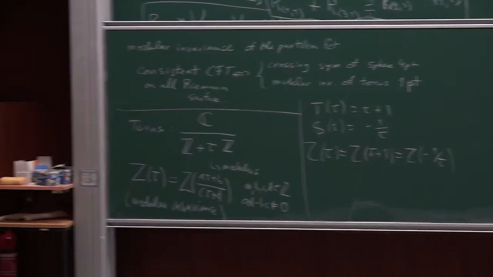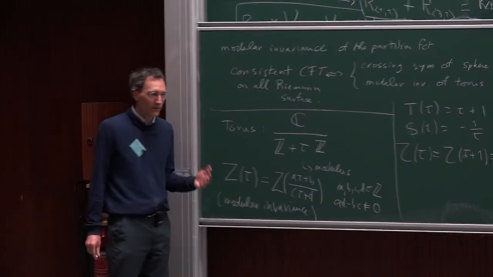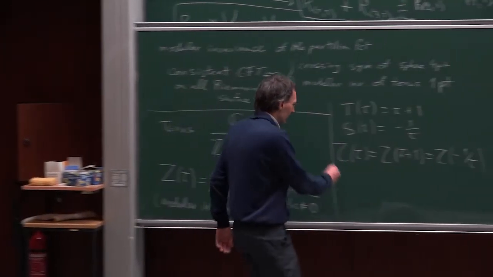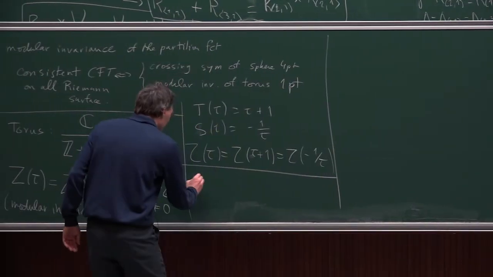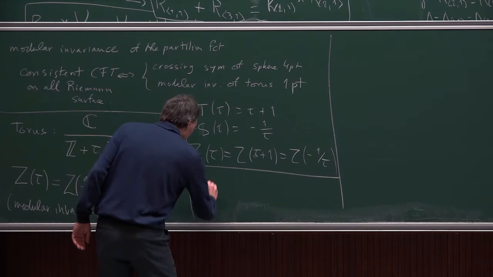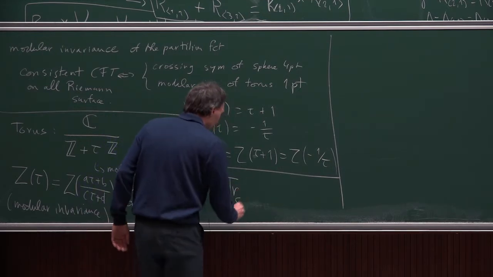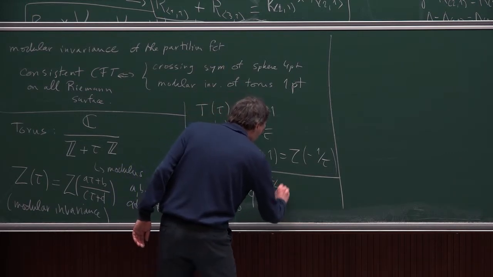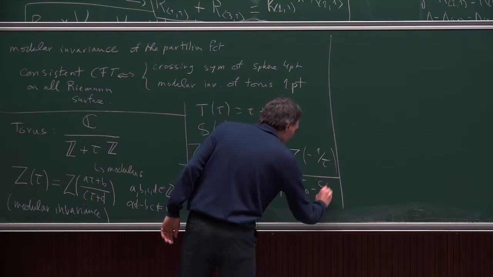So now I claim that the partition function can be computed from the spectrum of my CFT, and the formula for that is that Z of tau is the trace over the spectrum of q to the L0 minus c over 24, q bar to the L0 bar minus c over 24.